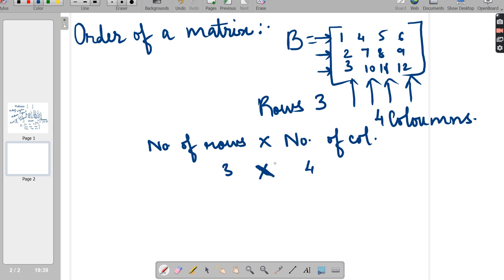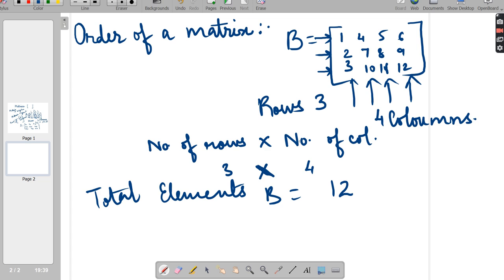That is the number of rows by number of columns. And if I ask how many total elements the matrix B has, it will be the product of the number of rows and number of columns. So that will be 3 fours are 12. So the total number of elements is 12 and the order of the given matrix is 3 by 4.